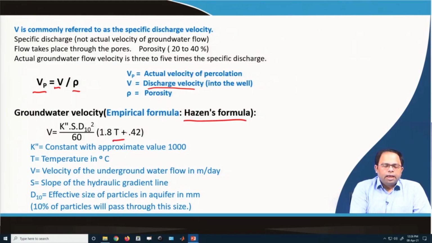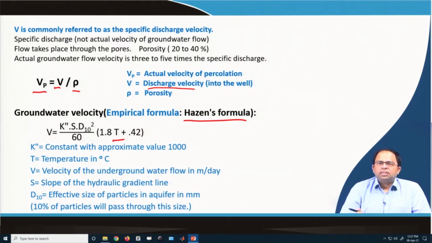So, T is there, and then it also depends on S. S is nothing but the slope of the hydraulic gradient line, the same S, and D10 is basically the effective size of particles in the aquifer in millimeter, and D10 signifies that 10% of the particles will pass through this particular size.